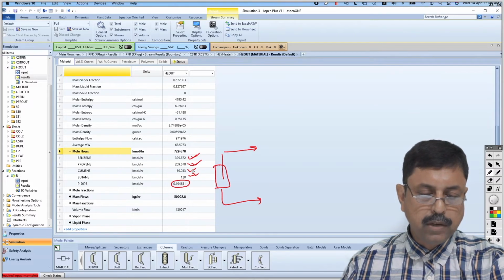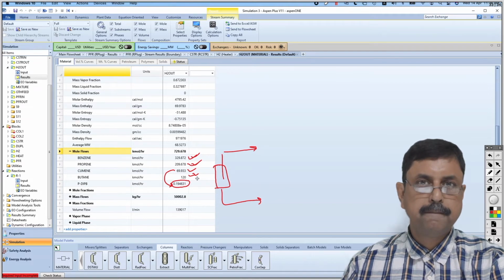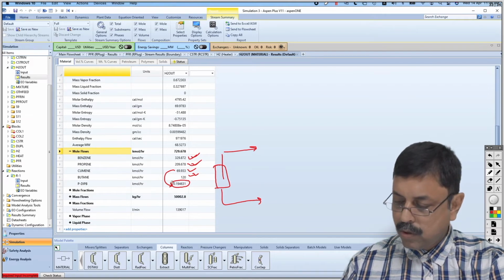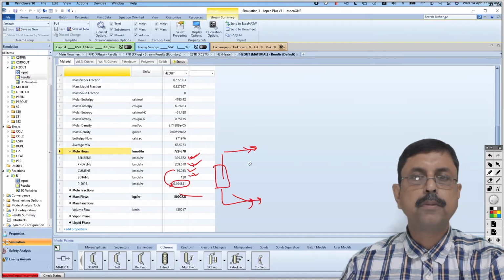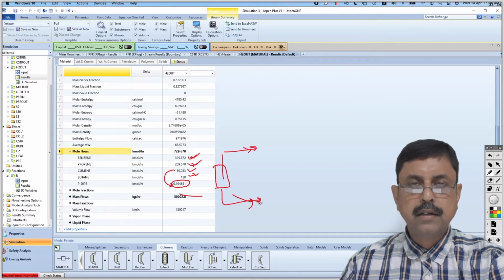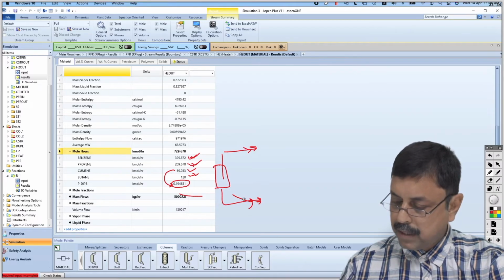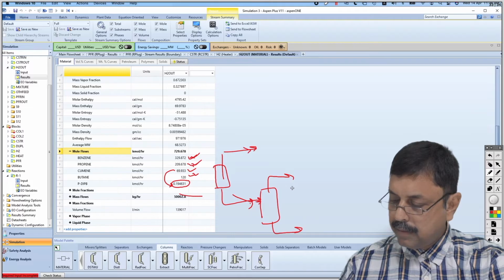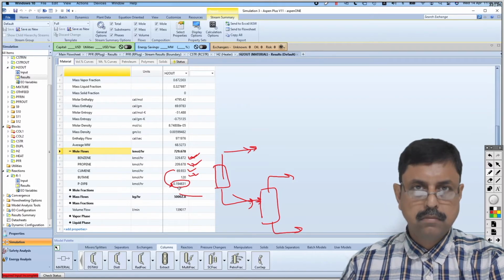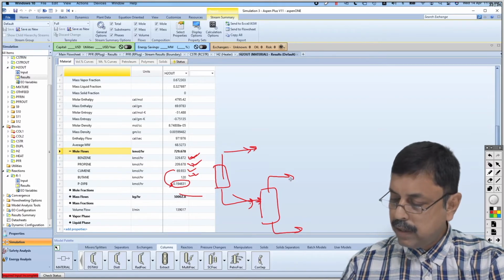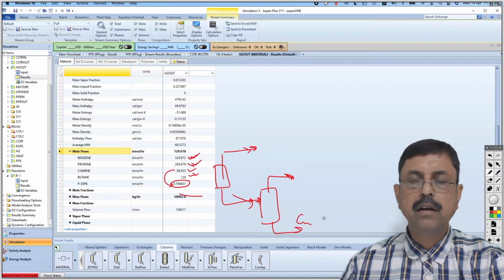And the bottom product will mainly have cumene and DIPB. So these 2 will go mainly in the bottom, and these 3 will go to the top. Even in the bottom product, you may find some amount of benzene also. So among benzene and cumene, benzene will go at the top and cumene will go at the bottom.